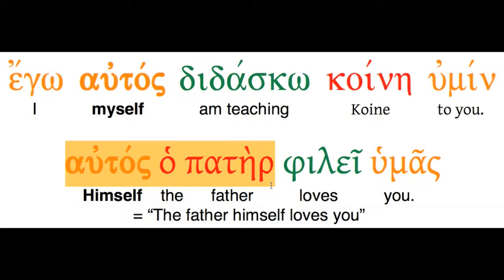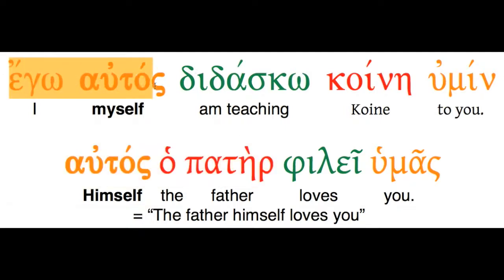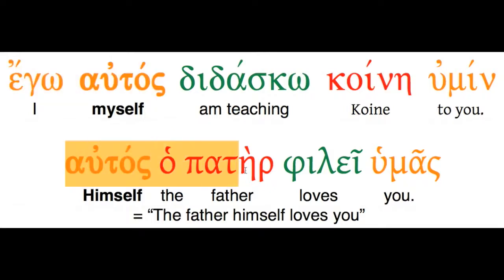The Father, right? The Father himself loves you. So the autos emphasizes. It's like it comes back and says the noun again for emphasis without saying the noun. It stands in for the noun, which is what pronouns do. So be aware of this odd use of autos. Ego autos, I myself. Autos ha pater, the Father himself.